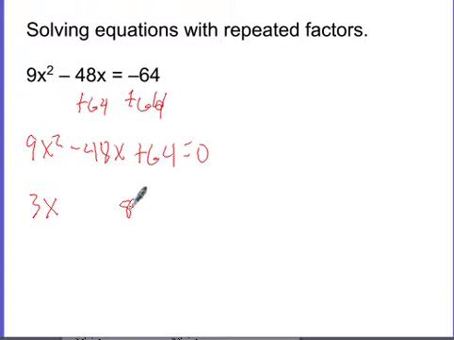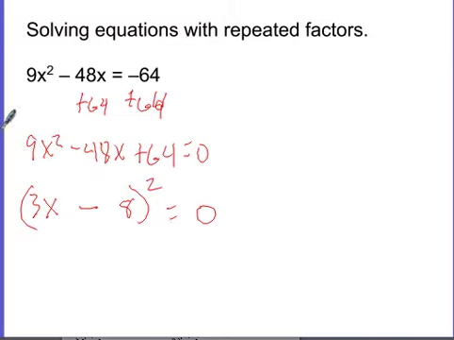What's 3 times 8? 24, times 2 is 48. So we've got a perfect square trinomial. What symbol goes in the middle? It's got to be a minus. So we've got 3x minus 8 squared equals 0.